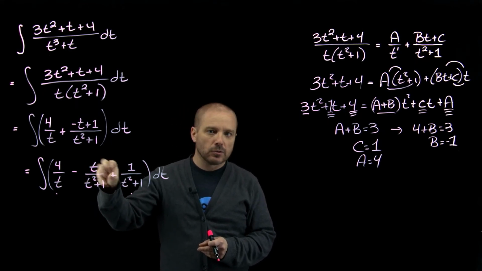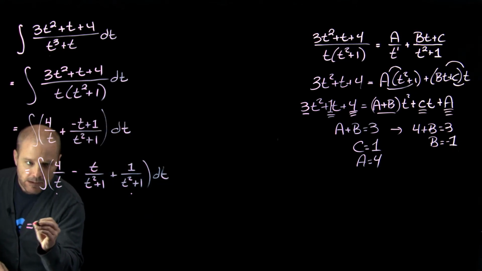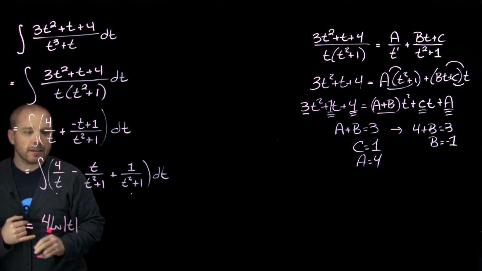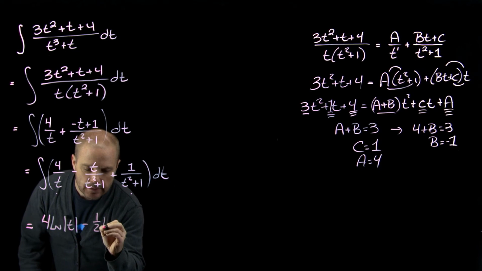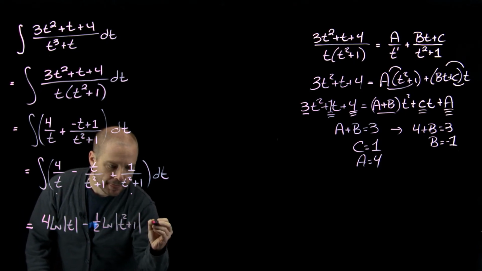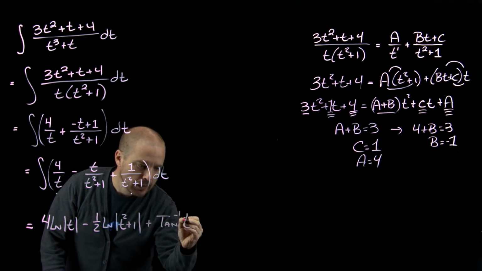So u substitution works just fine there. And so what we would have after our u sub is a half natural log absolute value of t squared plus 1 plus tan inverse of t.